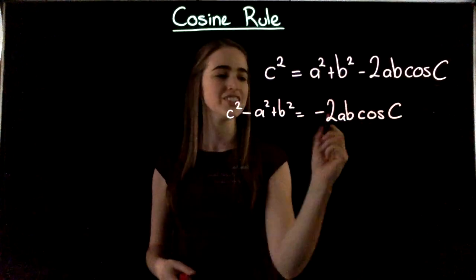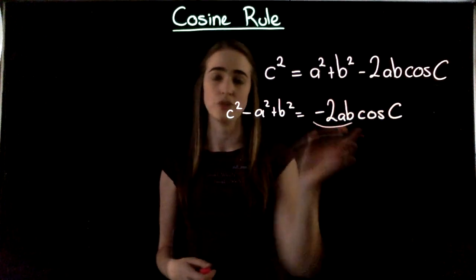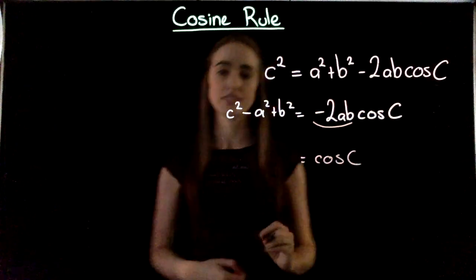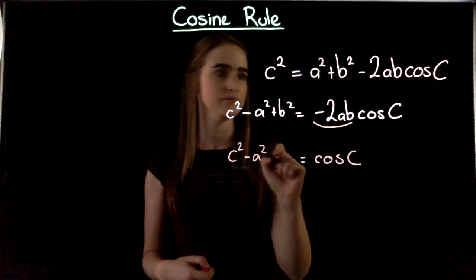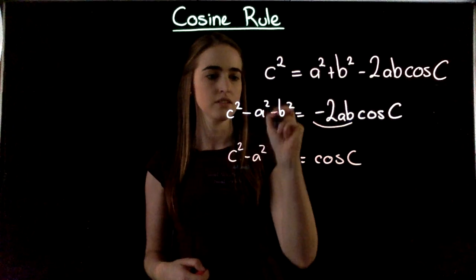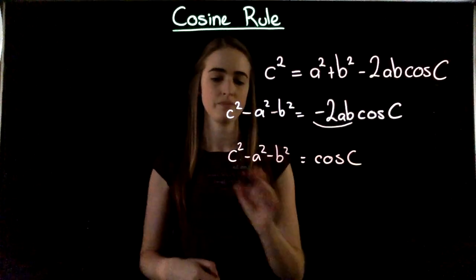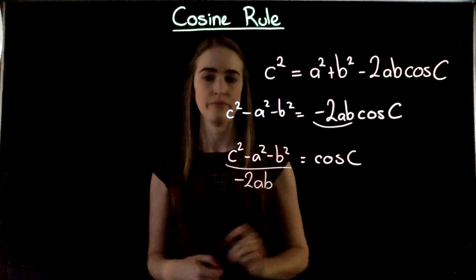The cos isn't a coefficient, it's just this bit. So we're going to have cos C over this side, and over here we're going to have c squared minus a squared minus b squared, because we subtracted it from that side, so that should be negative, over minus 2ab.